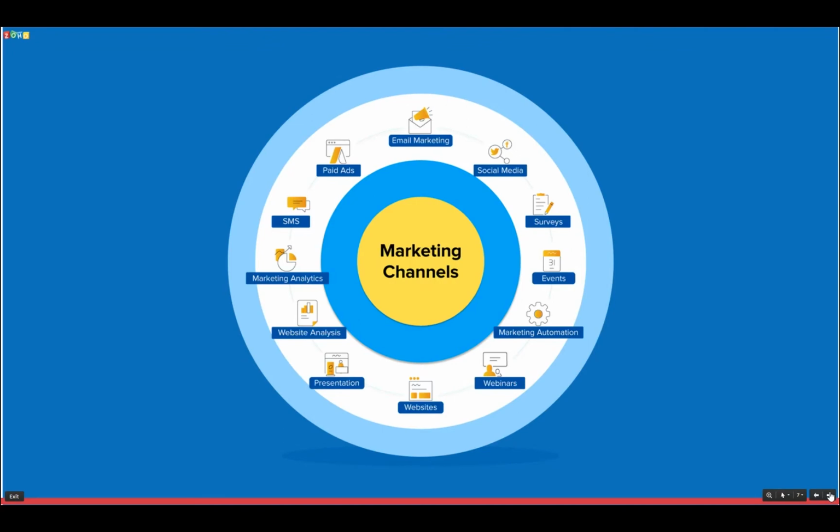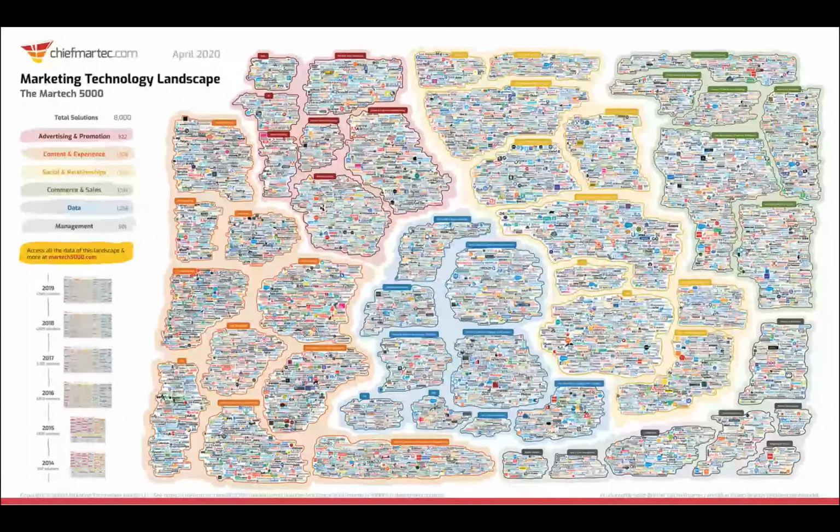So, the main reason for the evolution of marketing is actually the evolution of the marketing technologies themselves. And over the last decade, there are numerous tools that have come into existence, catering to various needs. From managing campaigns, pushing content on social media, A/B testing, and so on.